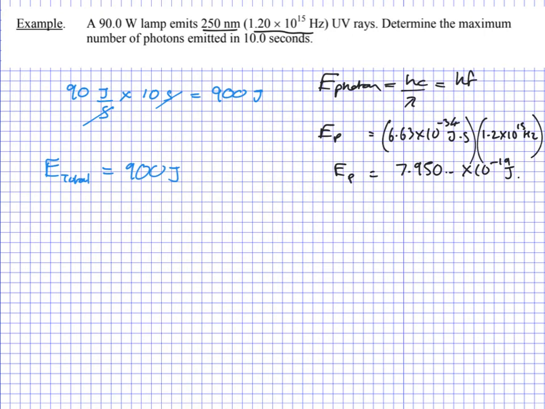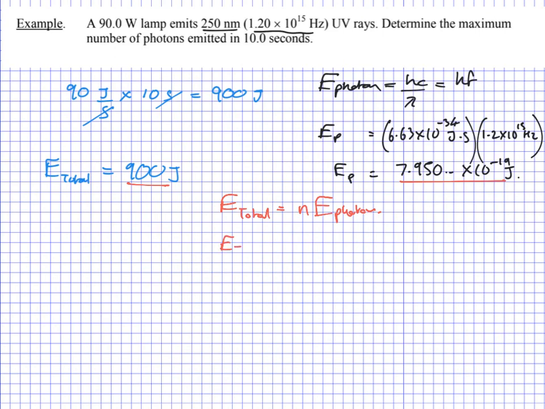Then of course we are used to using our formula, which is that the total energy is equal to the number of photons multiplied by the energy per individual photon. Since I know my individual energy and I know my total energy, I can solve for n.